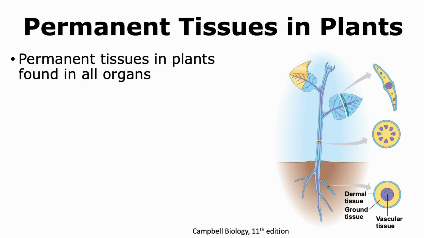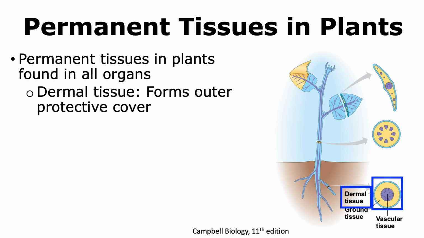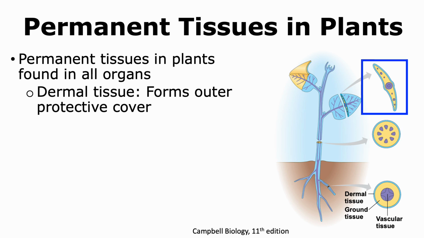Meristematic tissues differentiate to give rise to permanent tissues that are present in all the organs of the plant. There are three main types of permanent tissues. The dermal tissue forms the outer protective cover of different parts of the plant, which includes the roots, the stems, as well as the leaves.